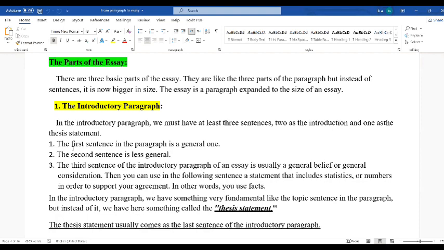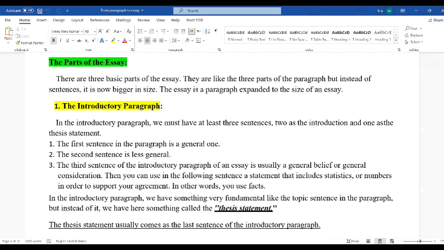So the first sentence in your introductory paragraph will be a general one. After that, we will be less general in the second sentence, and in the third sentence we will be more specific and more direct, which is the thesis statement.